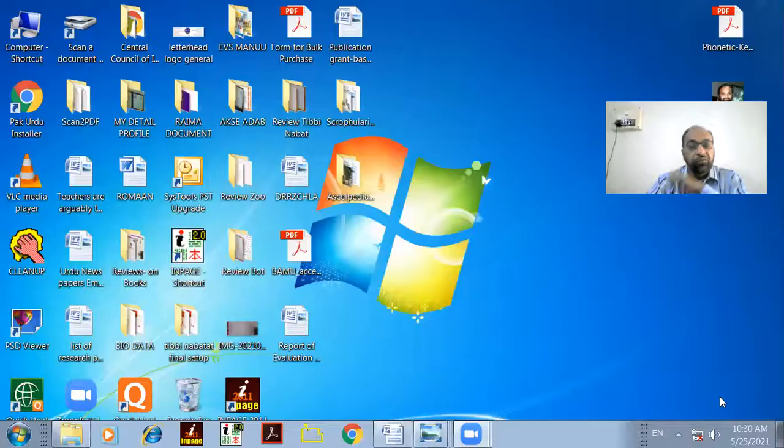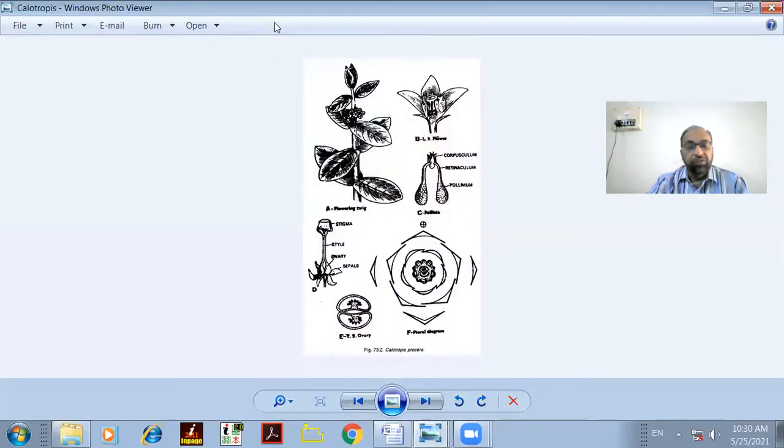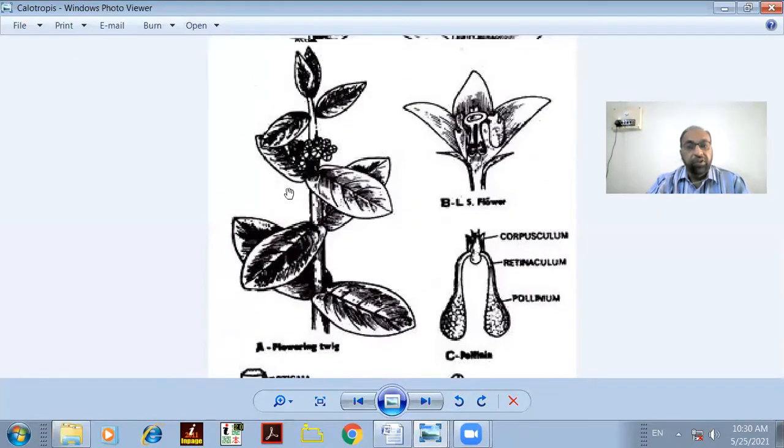If you are able to see the screen, you will find that this is the leaf condition, where it has opposite and decussate arrangement, meaning the first two leaves present are in a south to north direction, and the other two leaves are in an east west direction.